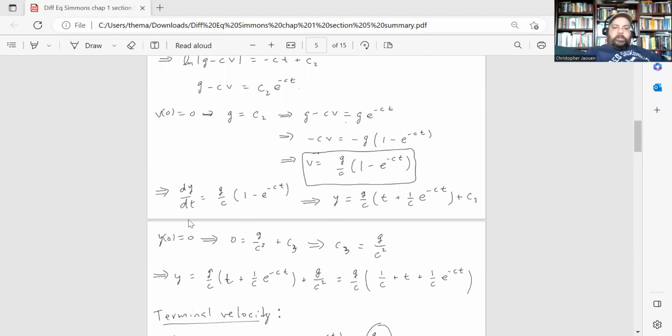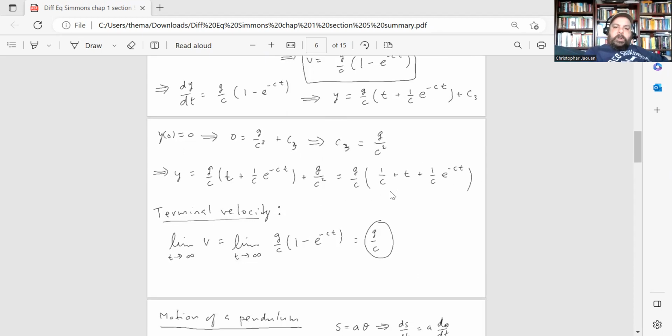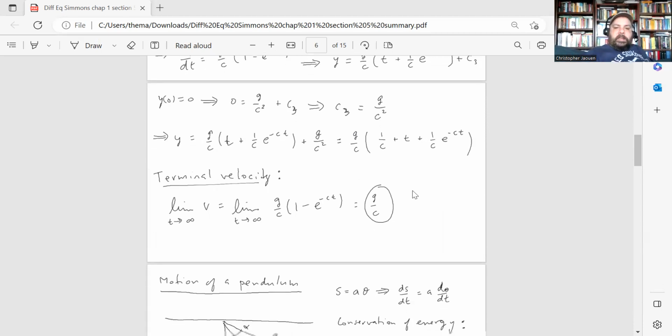So that's called a terminal velocity. You can also see that this shows up here in the position equation. In the long term, notice that the position changes linearly rather than with this extra exponential factor here, which means that eventually the velocity approaches a constant or limiting value.